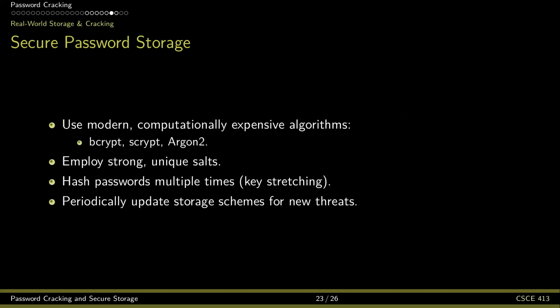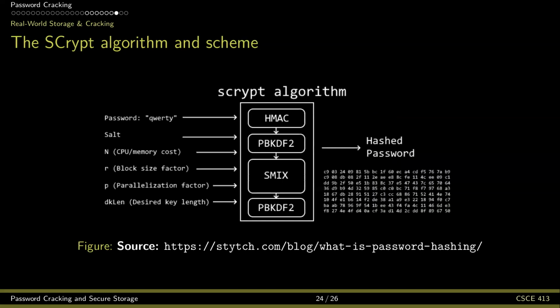That's why in practice, we have ways to store that. So we have mechanisms to do that. The state of the art right now is scrypt. I'm not going to go into details on how it works because it takes a lot of concepts and time. But if you want to check and implement it in your solution, this is the state of the art one. Basically, it allows you to use the password, the salt, and other parameters that calibrate how complex your hashing function should be in the end.